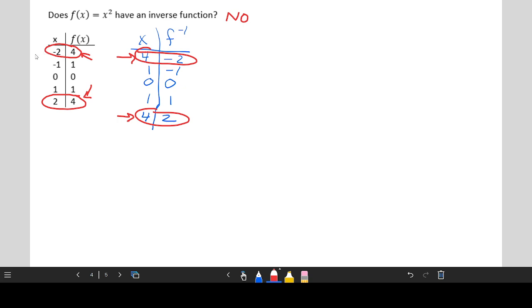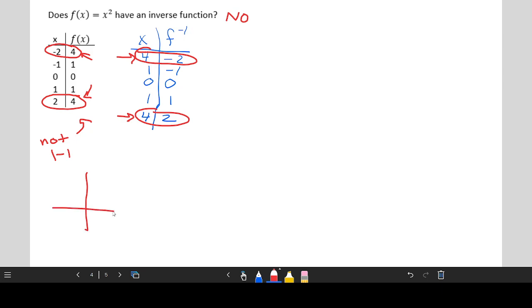The original table doesn't have any duplicate x values. X squared is a function. But because it has duplicate y values, it's not a one-to-one function.